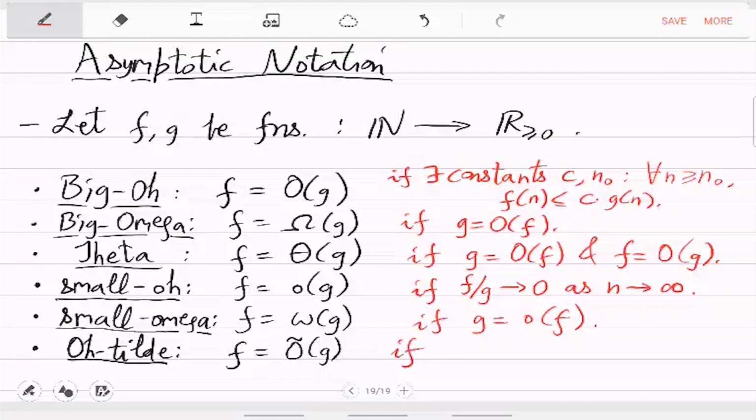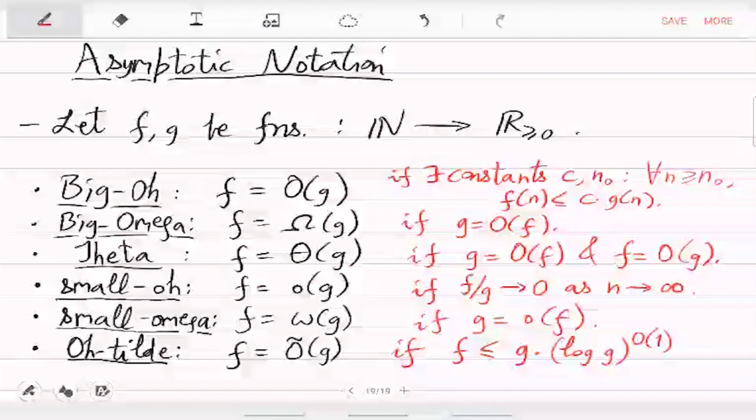So f is less than or equal to g times some smaller function, so we pick log g. Okay, so g log g is written as O tilde of g, or you may even allow constant powers. Okay, so log g is much smaller than g and we are just allowing constant powers of that. So you don't expect this to be too large. Okay, so although f could be larger than g, it is not much larger. That's the point.